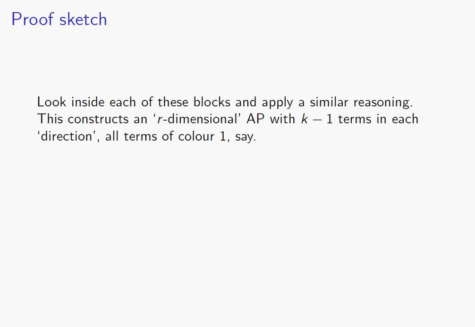By chasing through the definitions of these n sub t parameters, we construct an r-dimensional arithmetic progression with k-1 terms in each so-called direction. And this is monochromatic. Let's assume all of these numbers are painted color 1. We'll see an illustration of this in a moment.